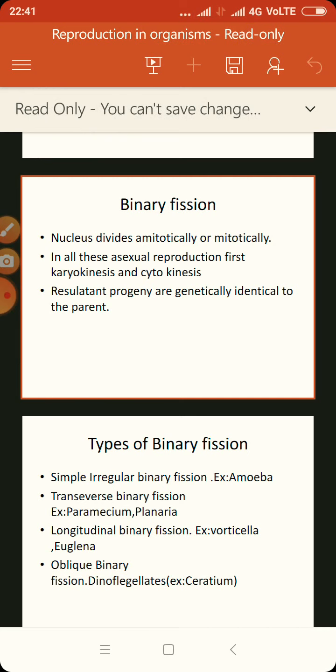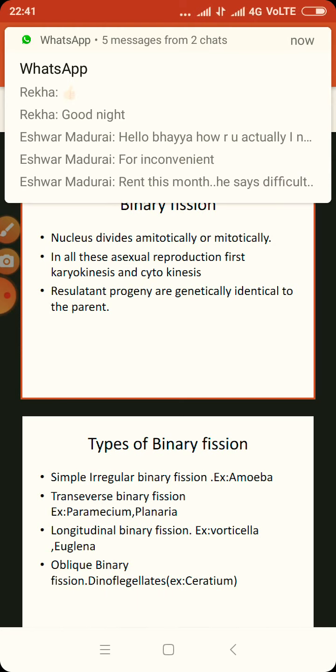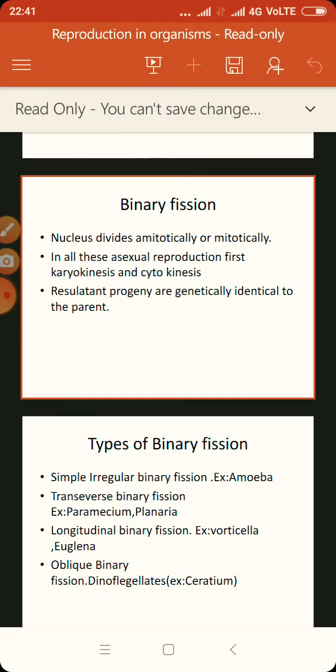So in all these asexual reproduction, when it has to form two daughter cells, it divides in two forms: karyokinesis and cytokinesis.